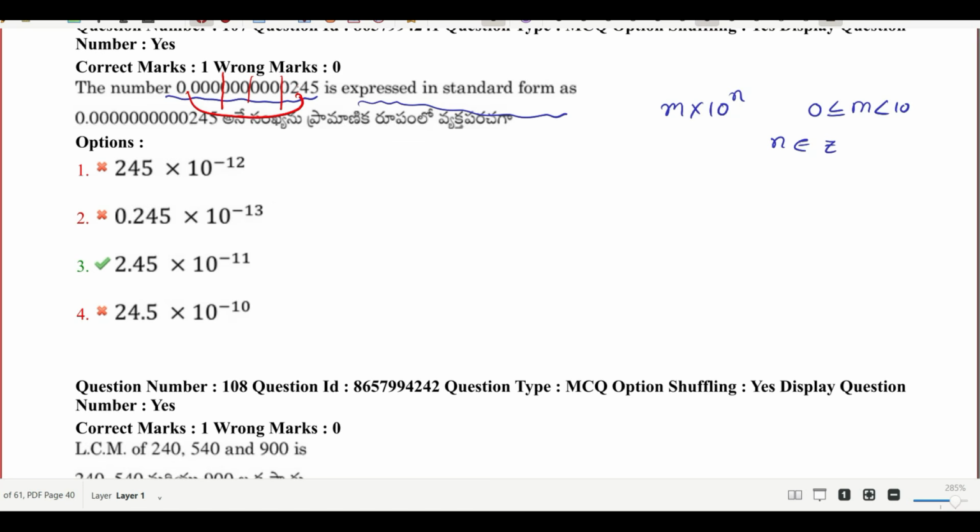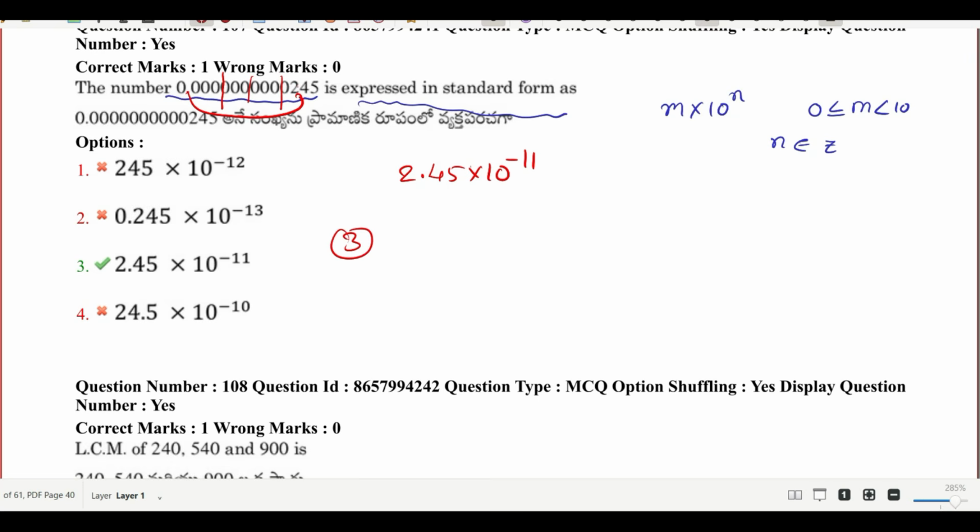It has to move 11 steps to this side. So to write this in standard form, we write the decimal point after the 2: 2.45, and the decimal point has moved 11 steps. So this can be written as 2.45 into 10 to the power of minus 11. This is the standard form of the given number. So the third option is the correct one.